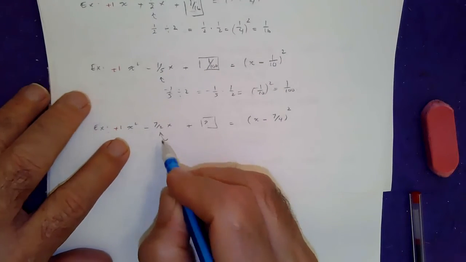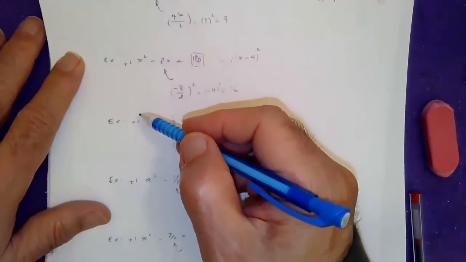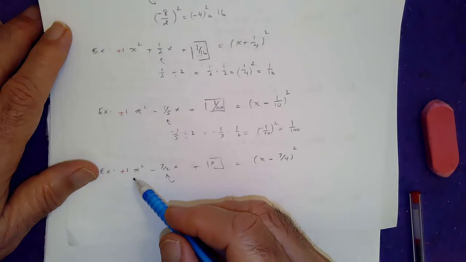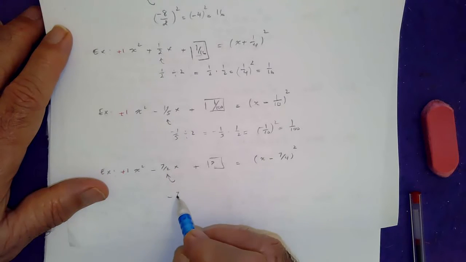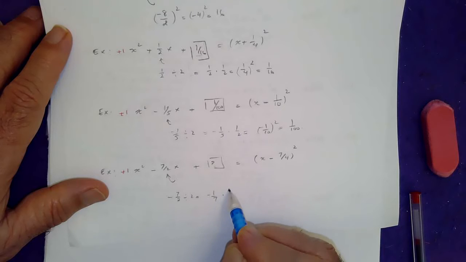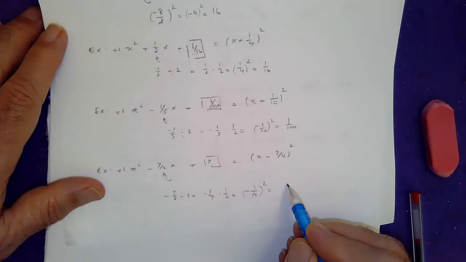Finally, this guy, and notice in all these cases, my leading coefficient is what? 1. If it is not 1, you gotta force it to be equal to 1, right? So negative 7/2 divided by 2, that's like negative 7/2 times 1/2, which is negative 1 over what? 14, is it? But then you gotta square it.